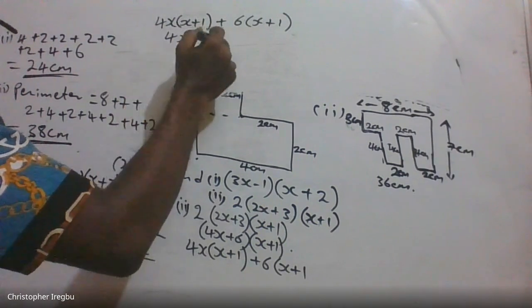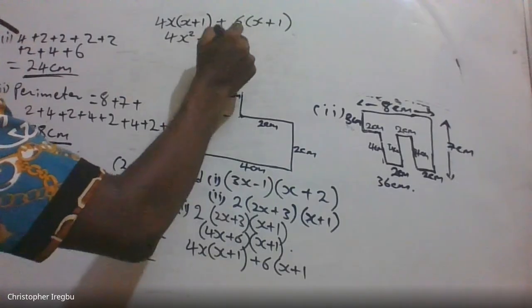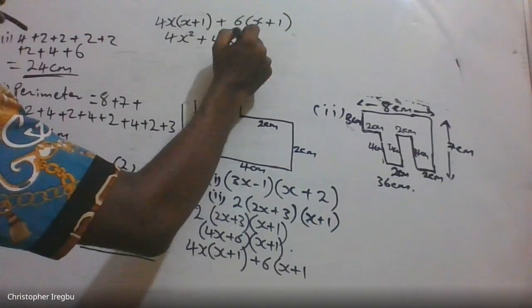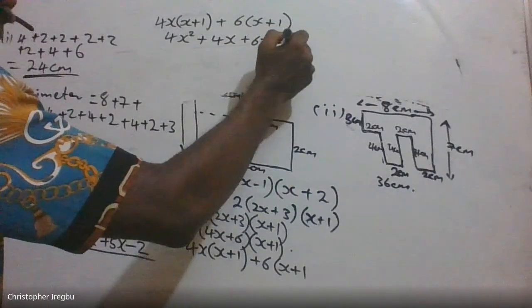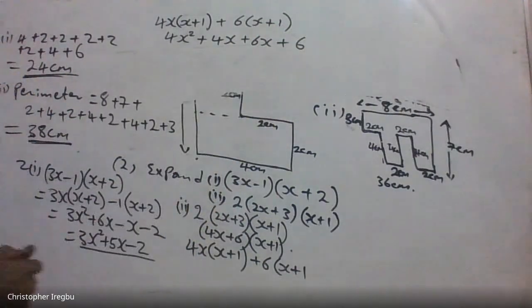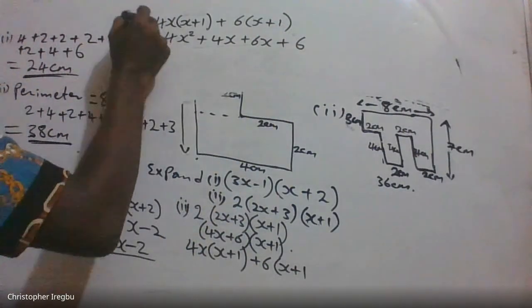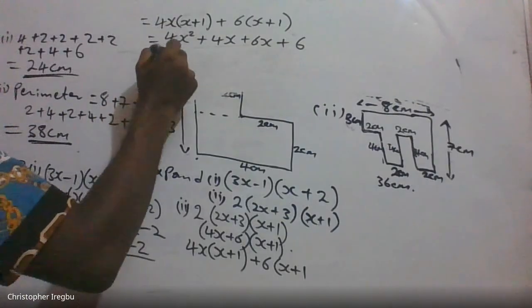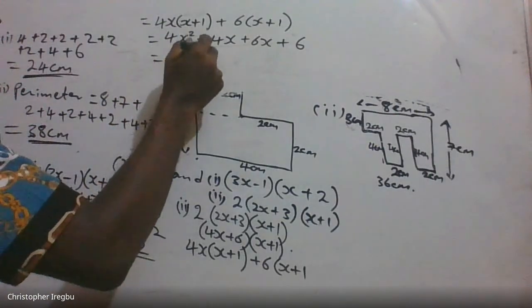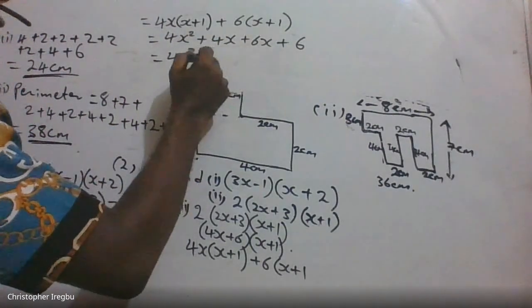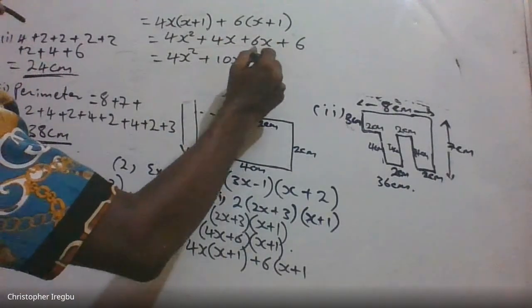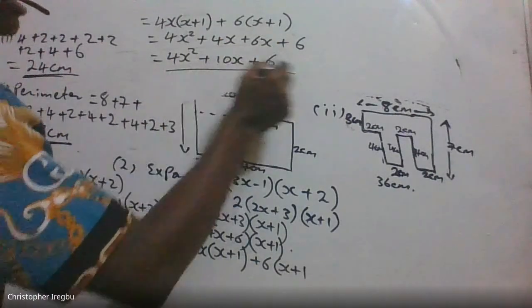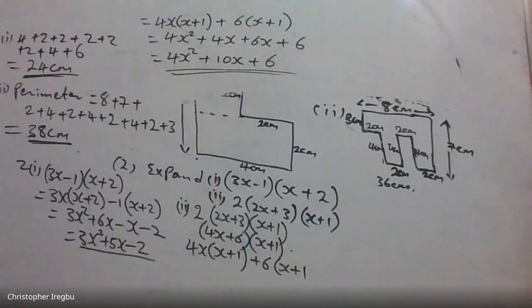Plus 4x times 1 is 4x. Plus 6 times x is plus 6x. Plus 6 times 1 is plus 6. Simple. So what we now have here is 4x squared. 4x plus 6x will give us plus 10x plus 6. And this is the answer. That's the answer when you expand that.